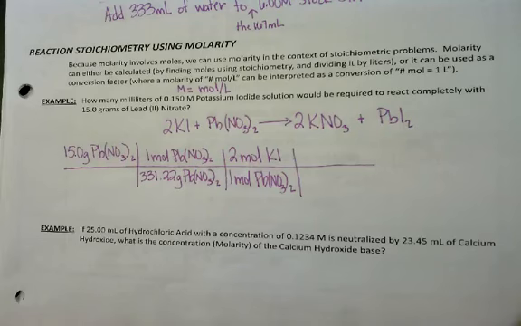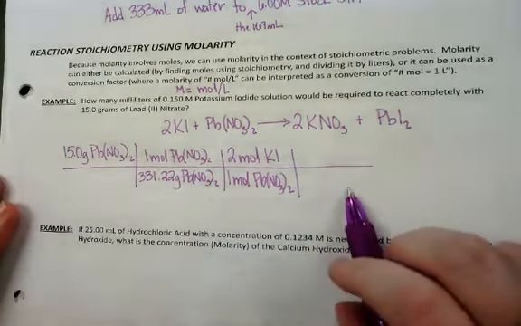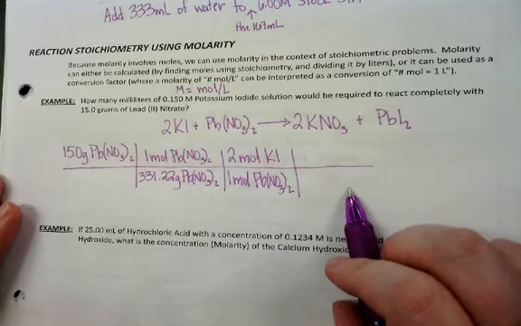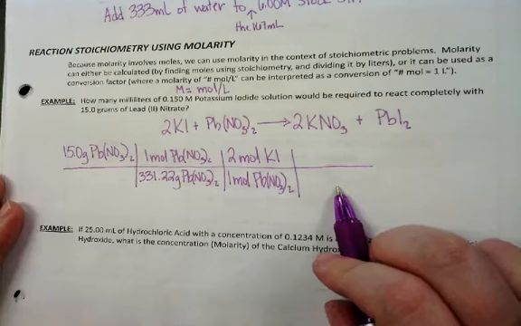What do you think we're going to do next? We're going to use our molarity as our conversion. What is that going to look like? 1 mole KI on the bottom. Not quite. Yeah, so liters will be on top, moles will be on bottom. What value is going to go with our moles? 0.150.